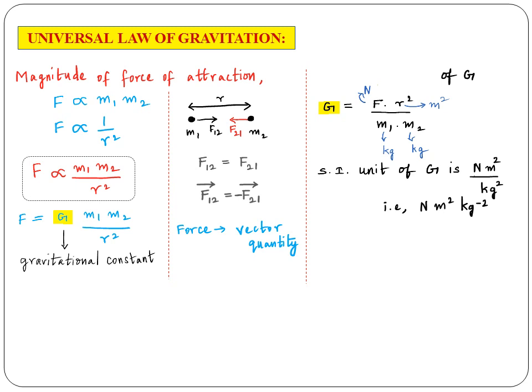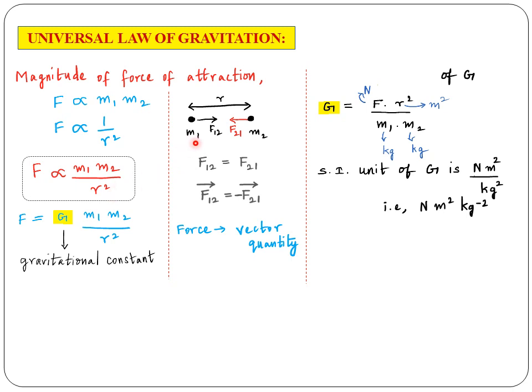According to this law, the force of attraction between two bodies is directly proportional to the product of the masses and inversely proportional to the square of the distance between them. That is, F is proportional to m1 into m2 divided by r square.